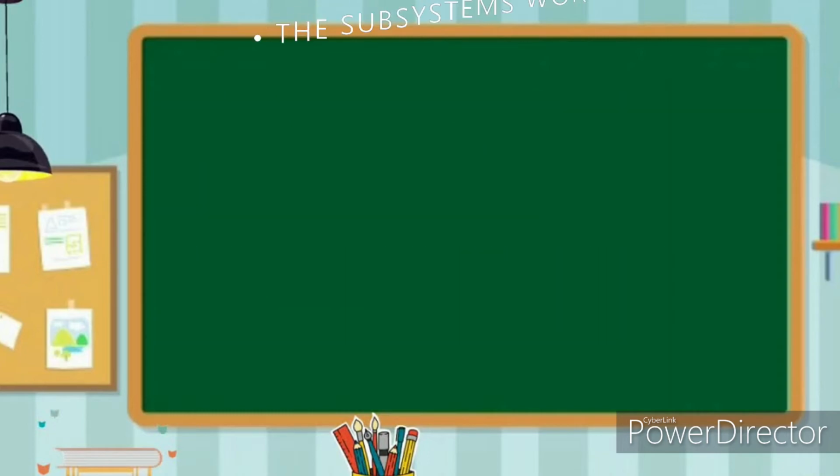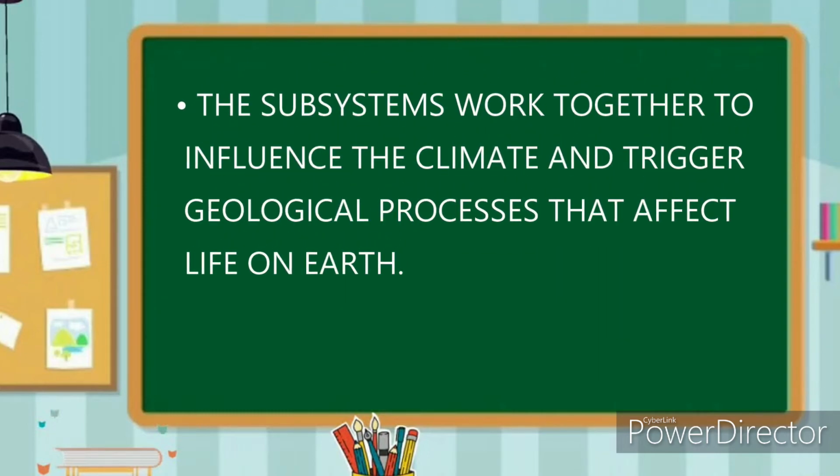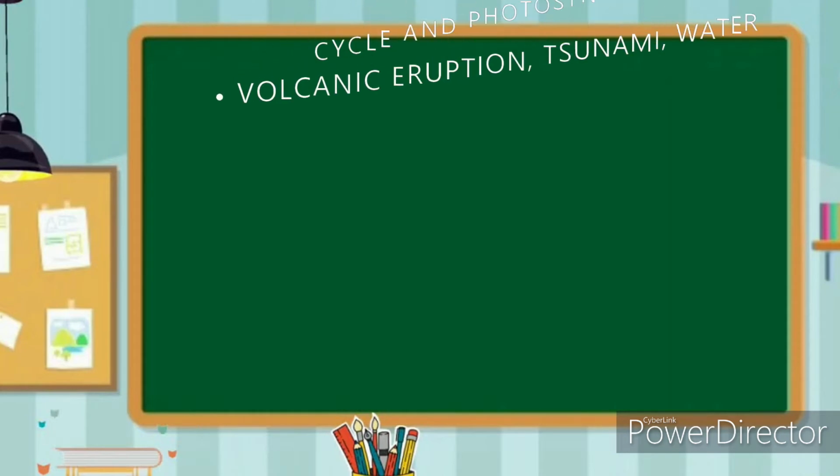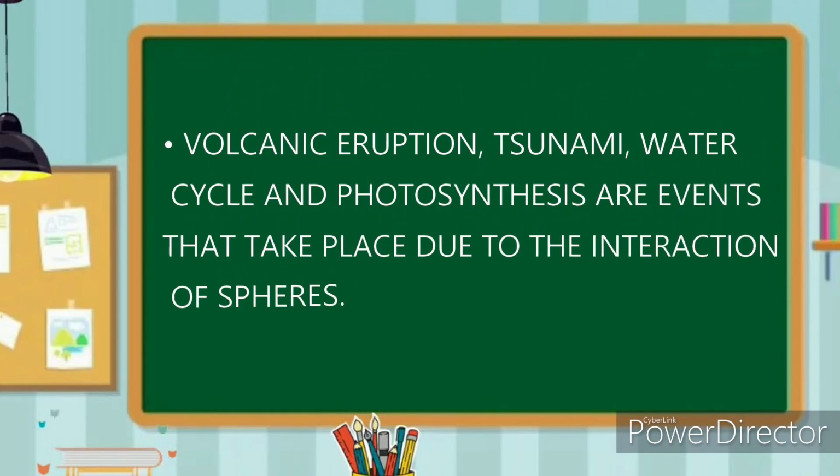The subsystems work together to influence the climate and trigger geological processes that affect life on Earth. Volcanic eruption, tsunami, water cycle, and photosynthesis are events that take place due to the interaction of the spheres.